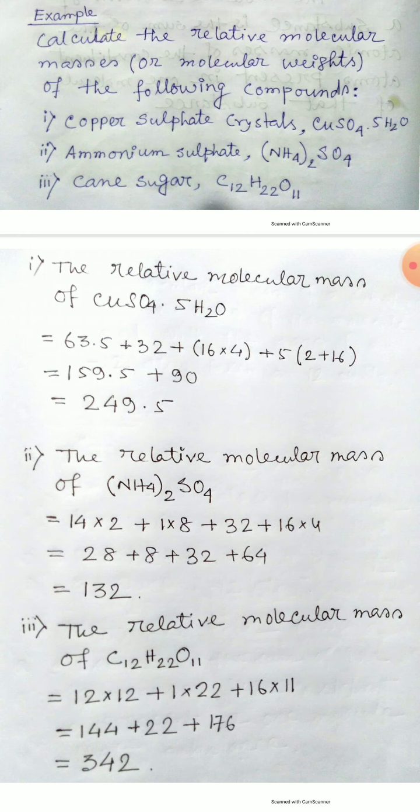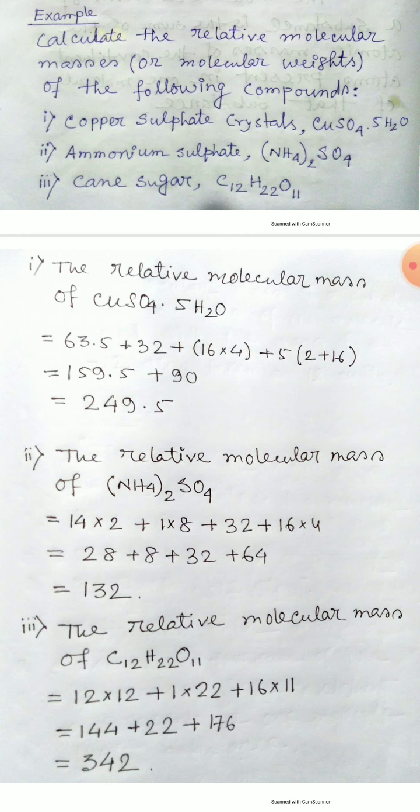So 63.5 plus, for sulfur, 32, plus, for oxygen, there are 4 oxygen, so 4 into 16, plus, for 5H2O, 5 into (2 plus 16). So total molecular mass of copper sulfate 5H2O is 249.5.